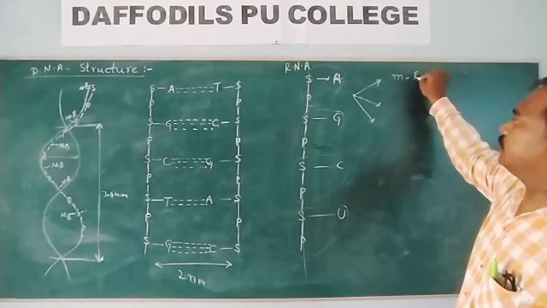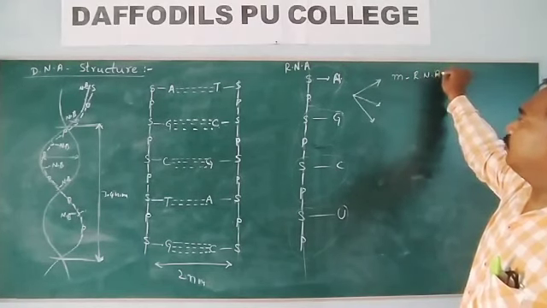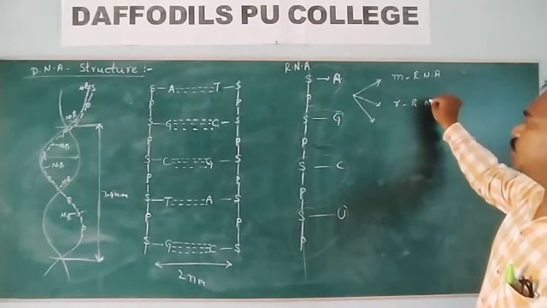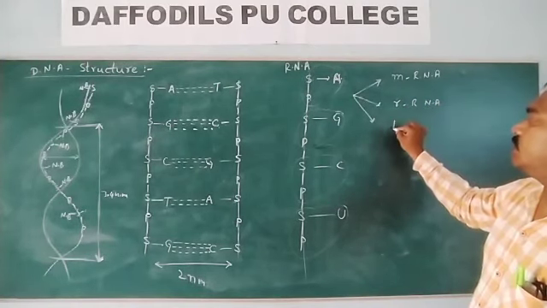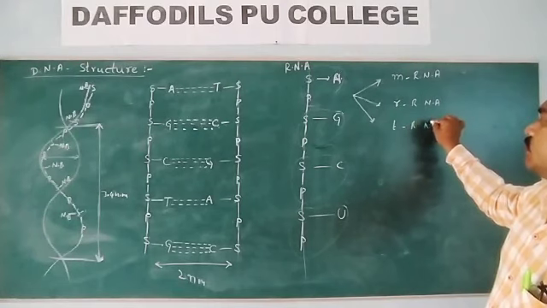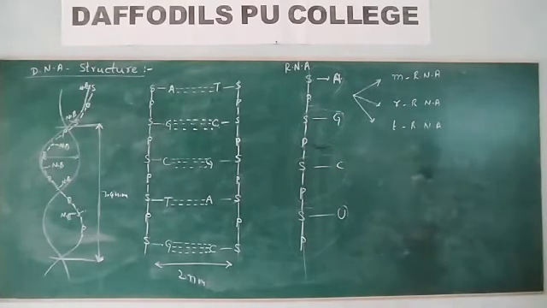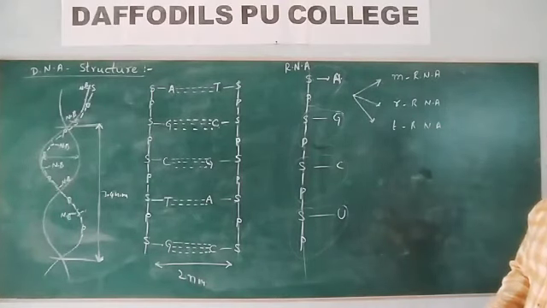mRNA, messenger RNA. Next one is rRNA, ribosomal RNA. Next one is tRNA, transfer RNA. So RNA of different types: mRNA, tRNA, rRNA.